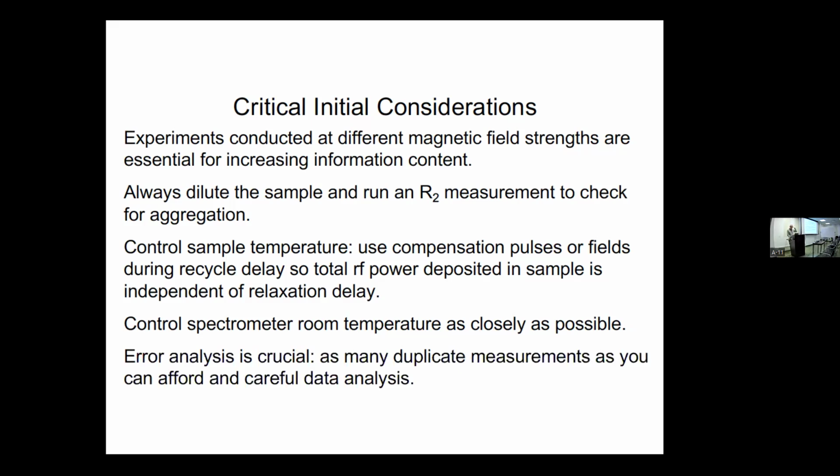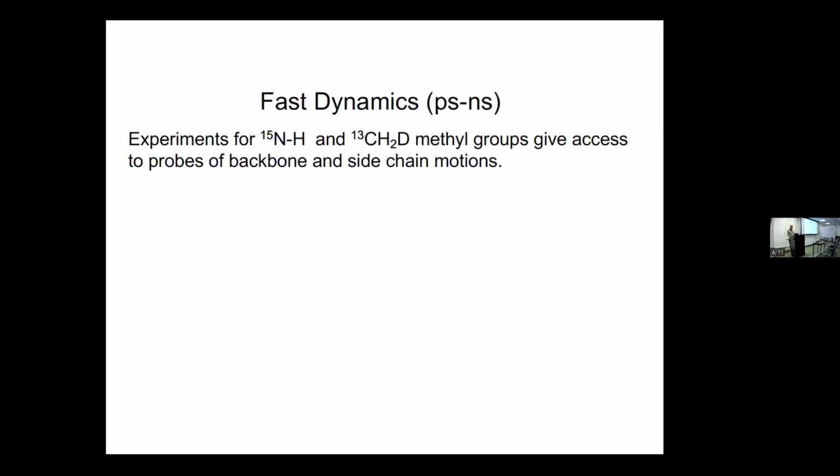And in the end, everything is about data analysis. As many duplicates as you can afford is great. And then proteins are, at the simplest level, simple things. They have secondary structure and they have a hydrophobic core.